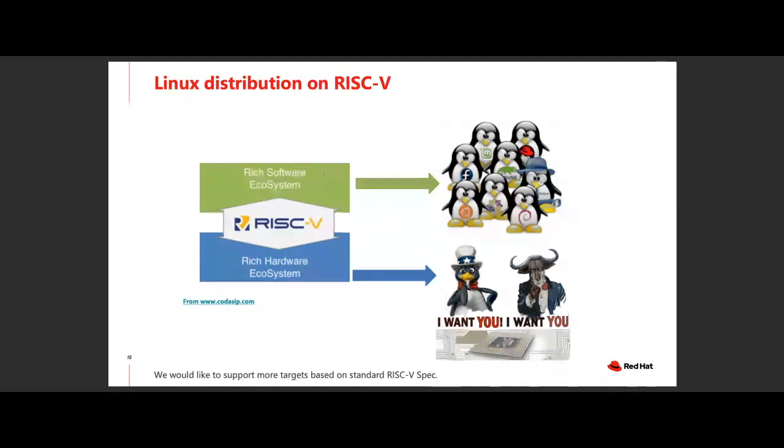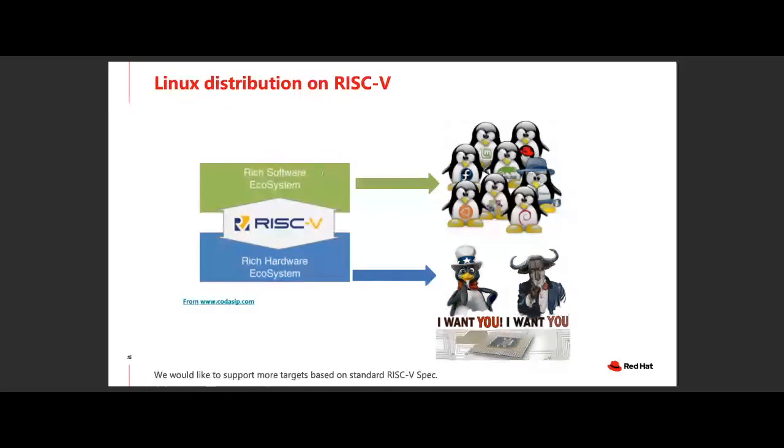So we have a lot of different distributions and firmware that can run on RISC-V. That means the software ecosystem for RISC-V is growing very fast, and the state of it is very good. But why is it still a little bit slow? I feel it is a little slow because we need more chips. We need more silicon and IP for RISC-V.